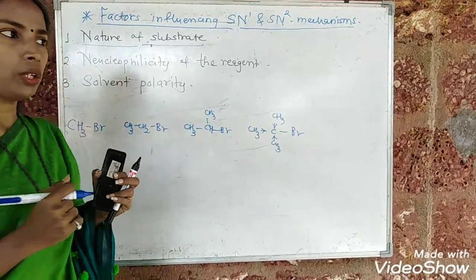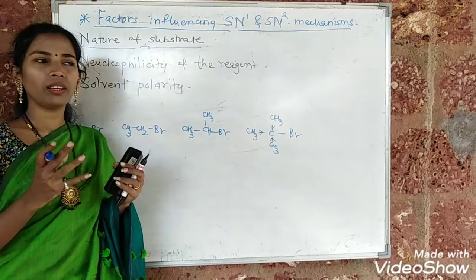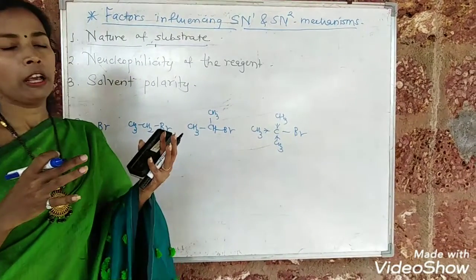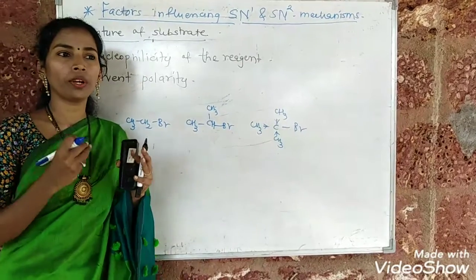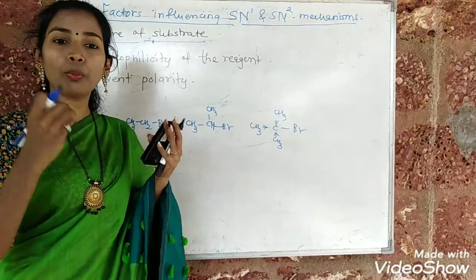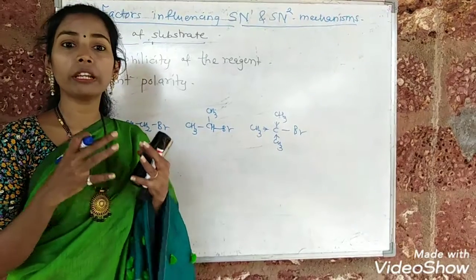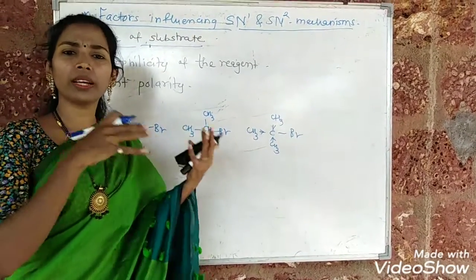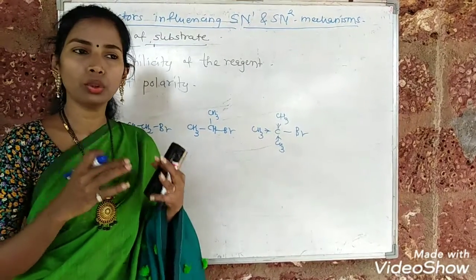But in the case of the SN2 mechanism, both the reactants, alkyl halide as well as nucleophile, are present in the rate-determining step. So if the solvent is polar, it may solvate the nucleophile, which is negatively charged or an anion, and therefore it may not attack the substrate, and therefore it reduces the activity of the SN2 mechanism.